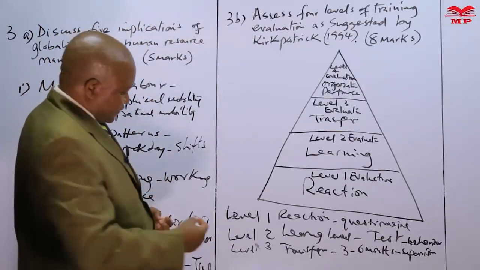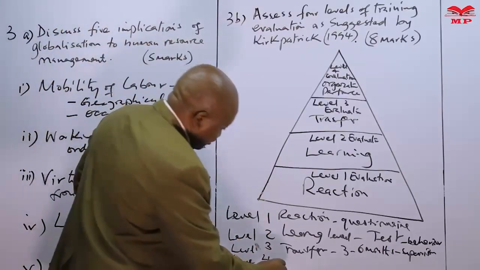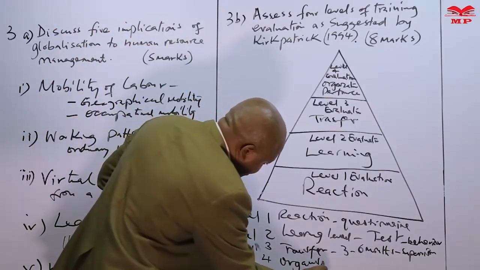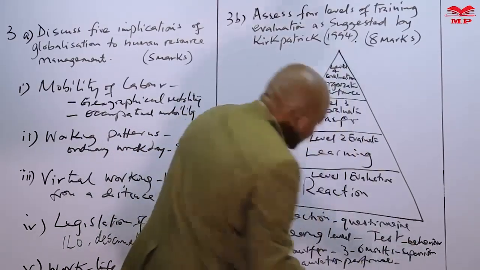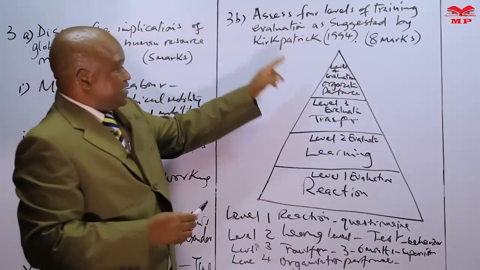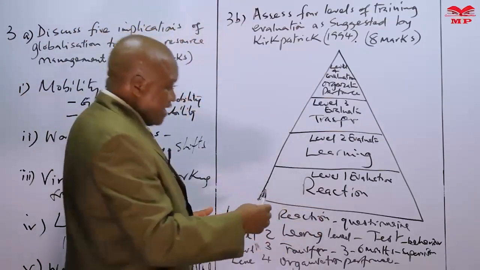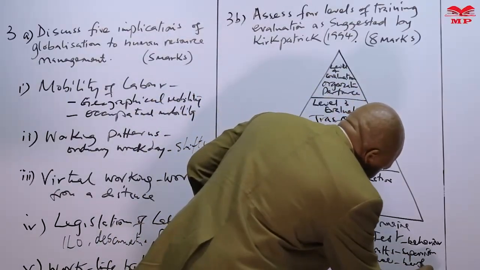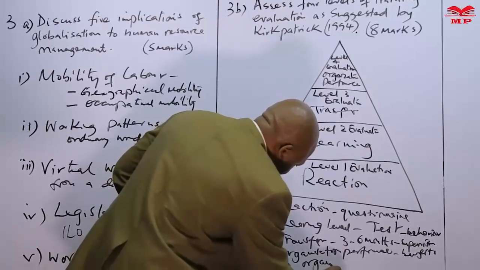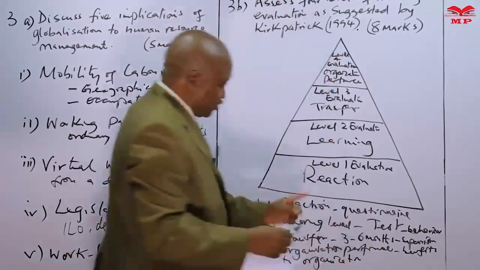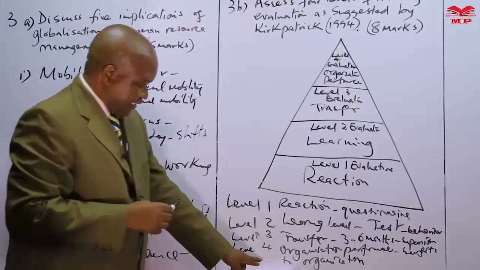The level 4, which is called organizational performance level evaluation, is the level that tries to gauge whether this has translated into benefits to the organization. This is the very reason why the training was conducted, and an organization has an interest in this particular training.